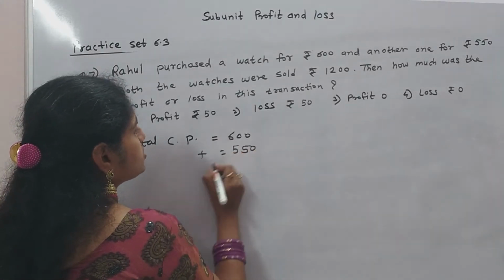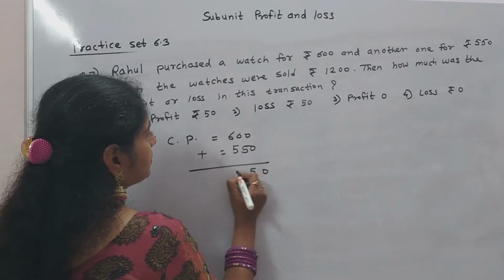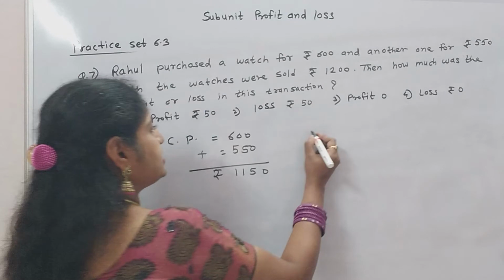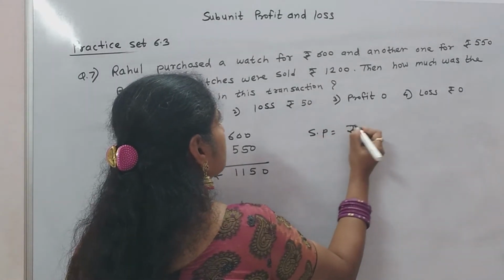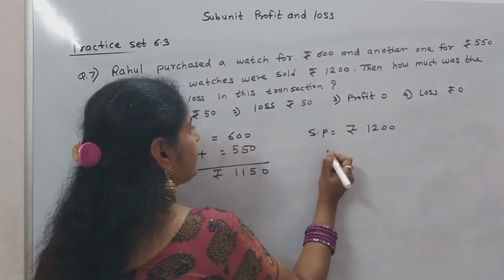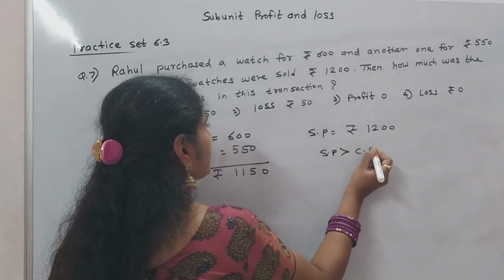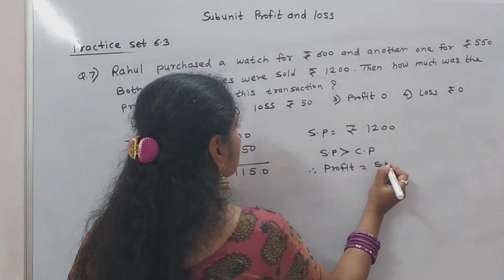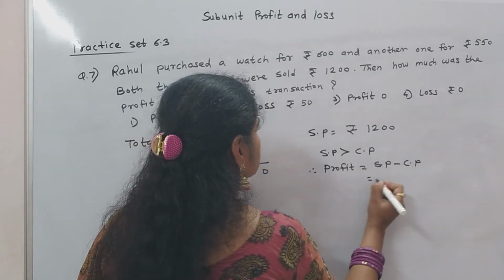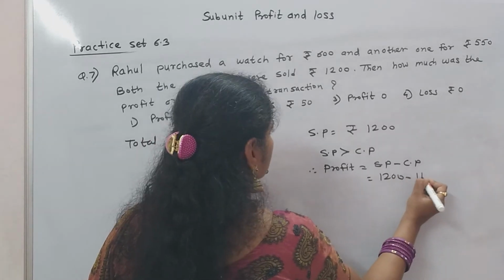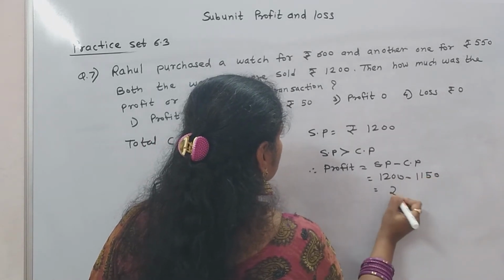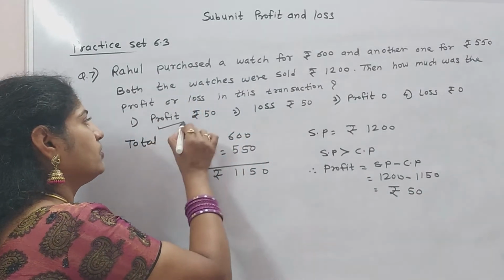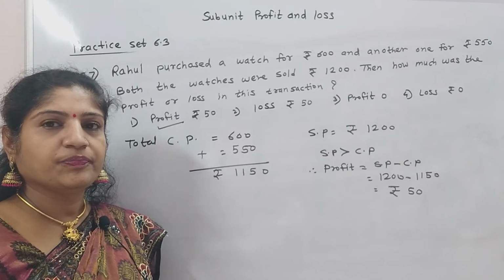So total cost price equal to 1150 and selling price equal to rupees 1200. Selling price is greater than the cost price, so there is a profit. So profit equal to selling price minus cost price. 1200 minus 1150, that is rupees 50. Our answer is option number 1, profit rupees 50.